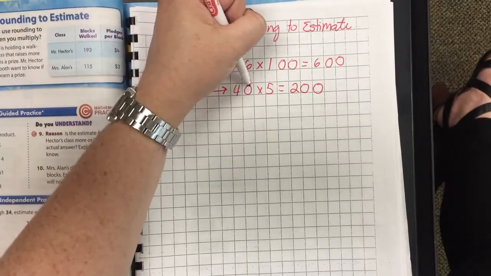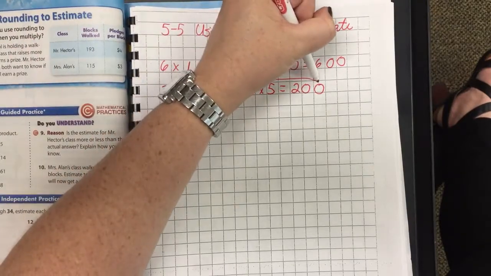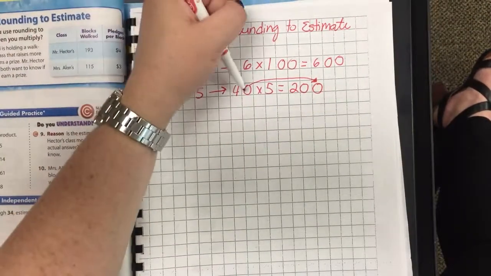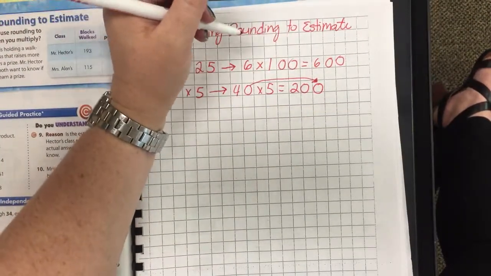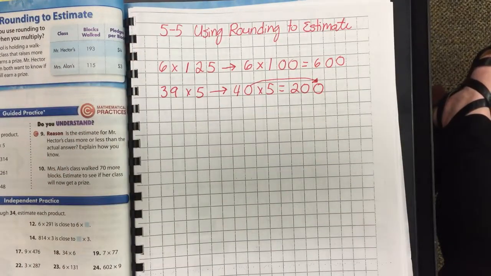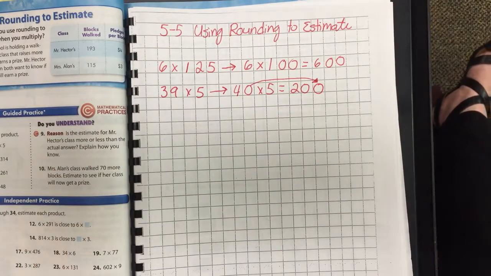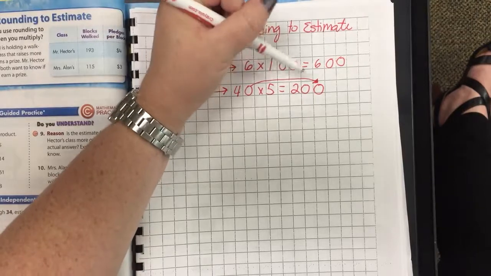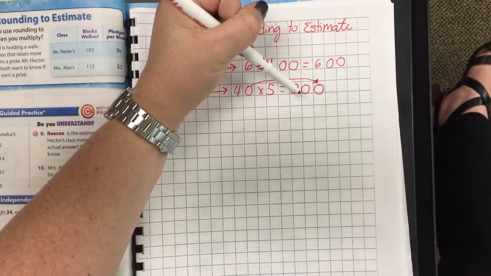You cannot forget to add on that 0. Do you know what else I've seen? I've seen 40 times 5 equals 2,000. Because someone is just giving out zeros for everyone. Everybody got zeros. They turn into Oprah Winfrey, just giving out zeros left and right. So don't go crazy with those zeros.